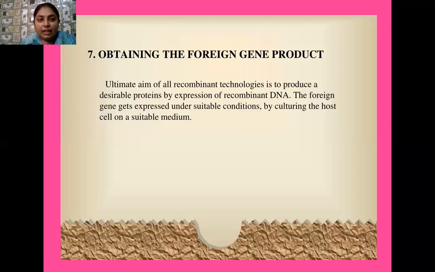So that's why we arrange these bioreactors, which are made up of steel, very big vessels, and we pour tons of culture inside these bioreactors, and that contains important and essential nutrients. And here we put our host cells, which contain our desired protein.